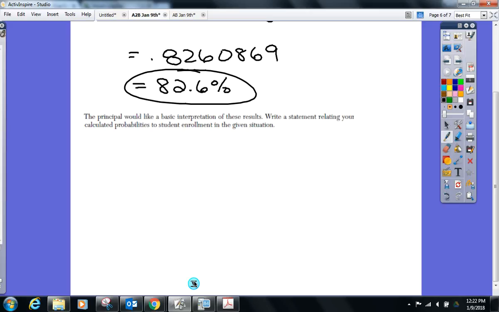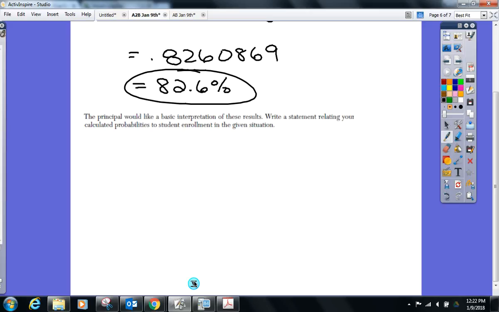All right, let me finish here so you guys can get going. Principal wants an interpretation of these results. Write a statement. So basically, what's the 82.6% represent? What are we already given? That these kids are already in, given that they were in Key Club.